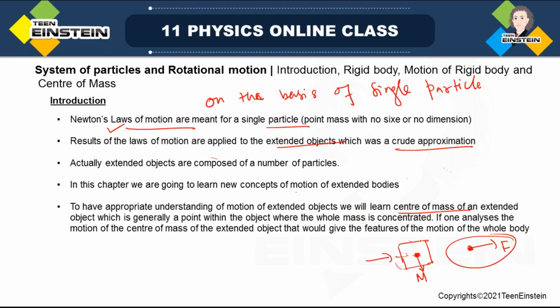So this is how center of mass is generally defined for extended objects, and the motion of the extended object or system of particles will be analyzed by the motion of the center of mass itself. Okay, so this is the whole concept over here.